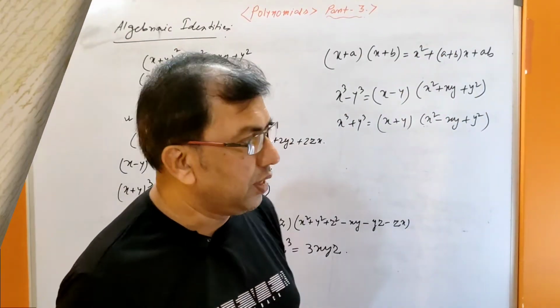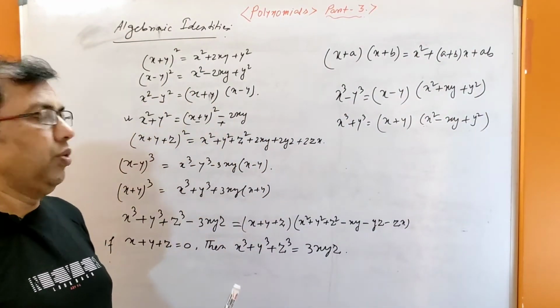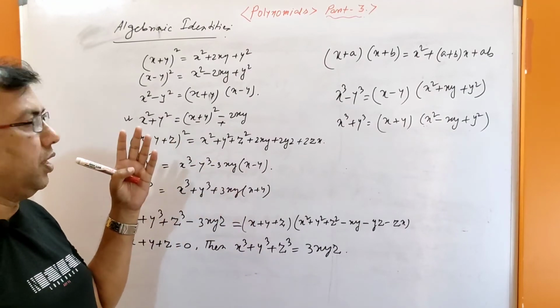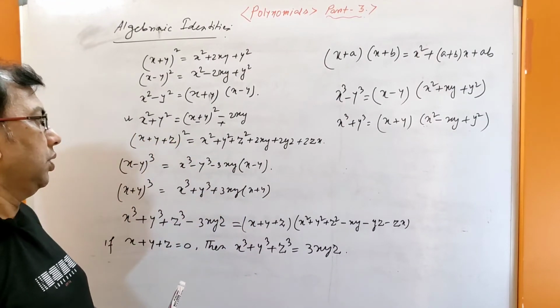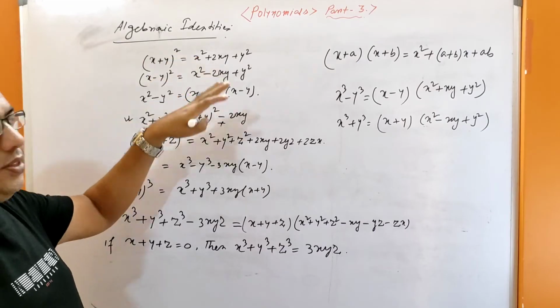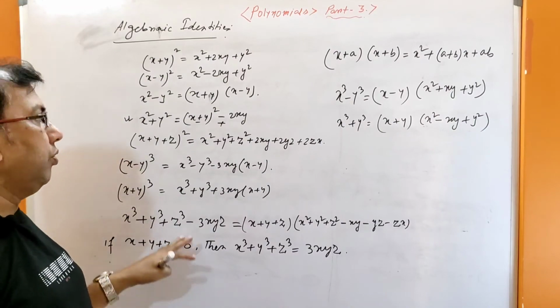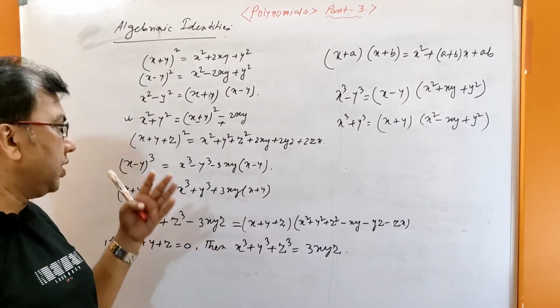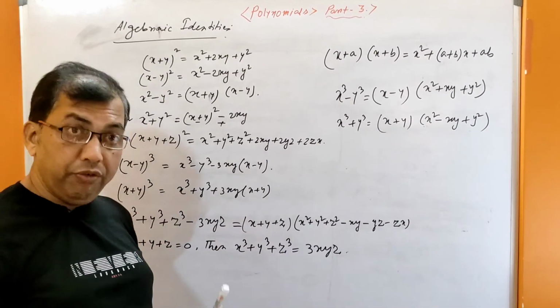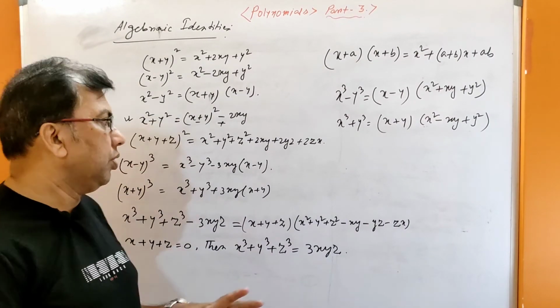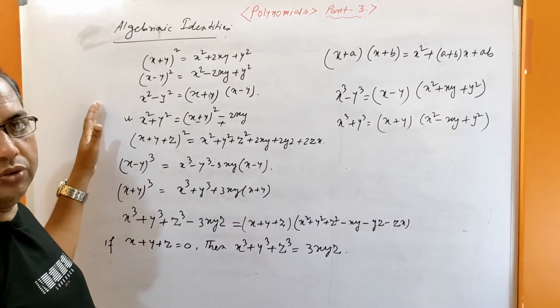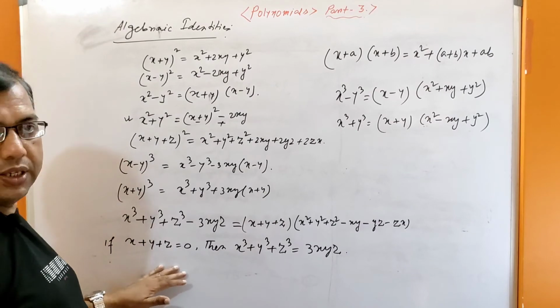Hello guys. We have already reached the end point of these polynomials. So these are the algebraic identities. You have to know all these formulas. If you want the derivations of these, I will explain if you require. You have learned them in class 8 also, and they will be very helpful for class 9 and 10.